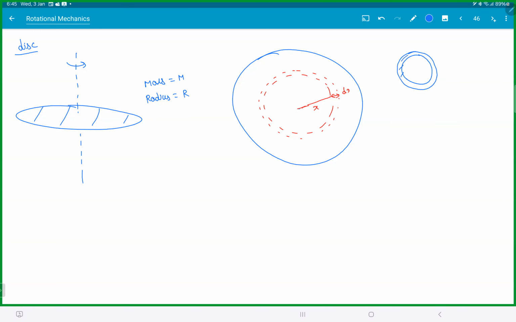Take a scissor and cut it and open this. What you get will be a rectangle with length 2 pi x and the width will be dx. So for this strip, the area will be length into breadth. This is the area of that thin strip.